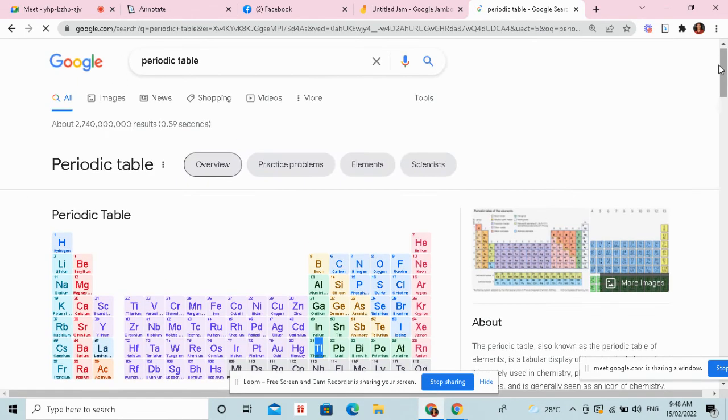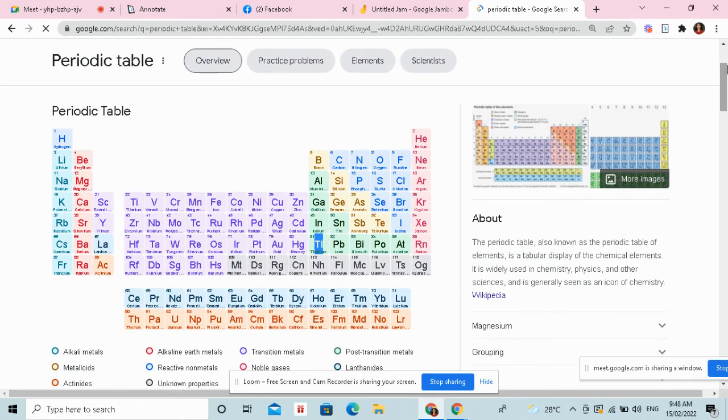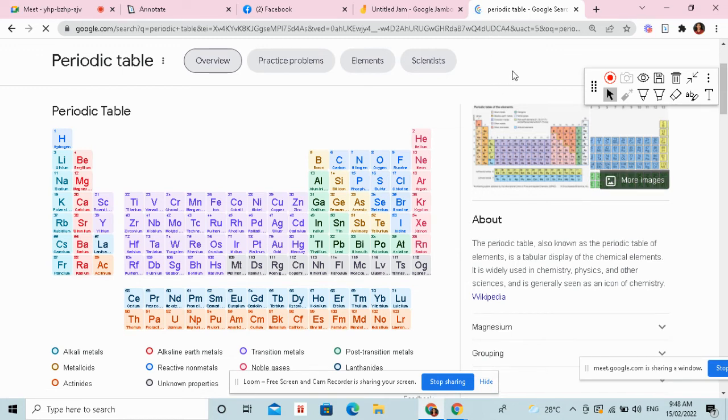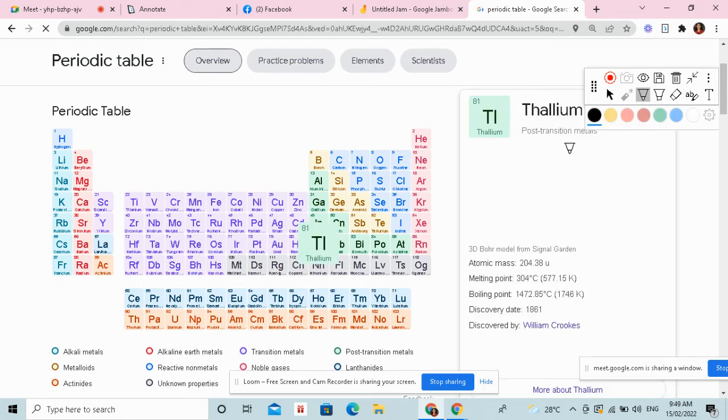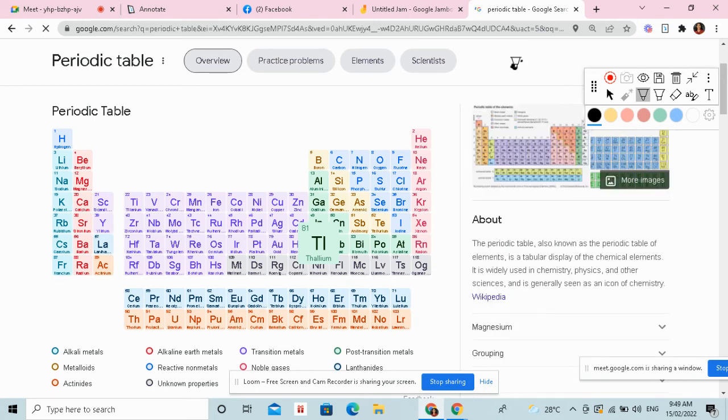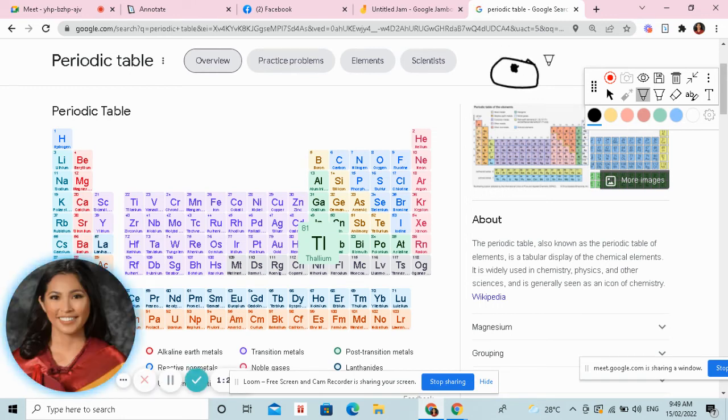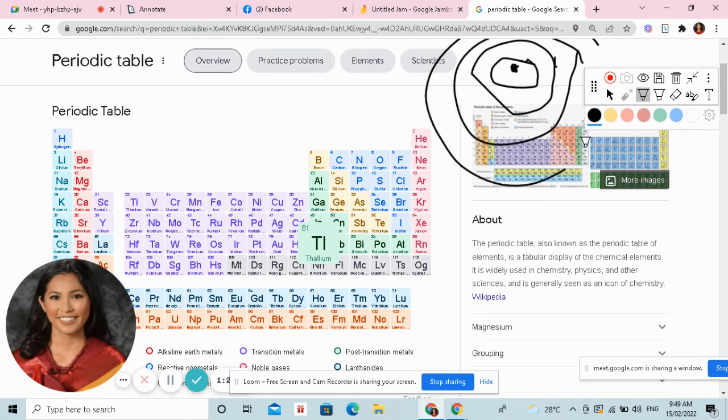Okay, so valence electrons are the electrons in the outermost electron shell or atomic shell. We have the nucleus, then the first orbital or energy level 1, then energy level 2, energy level 3, energy level 4.